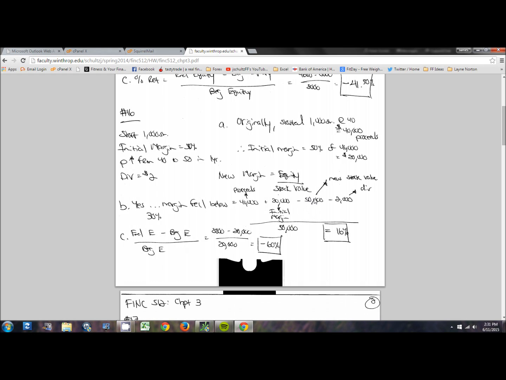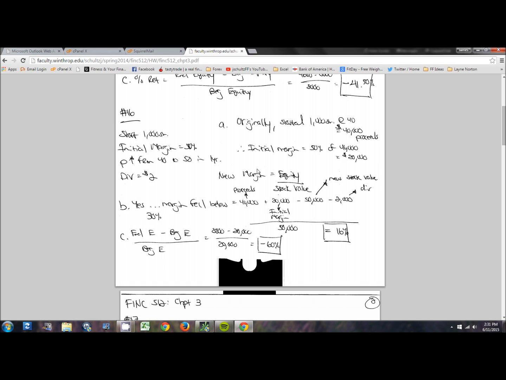Now, what is this $50,000? As you see, this arrow says new stock value. Here's what you need to remember. You shorted this stock, right? The stock itself is a liability to you, correct? Therefore, the value of the stock at any given point in time represents the value of that liability that you must repay.